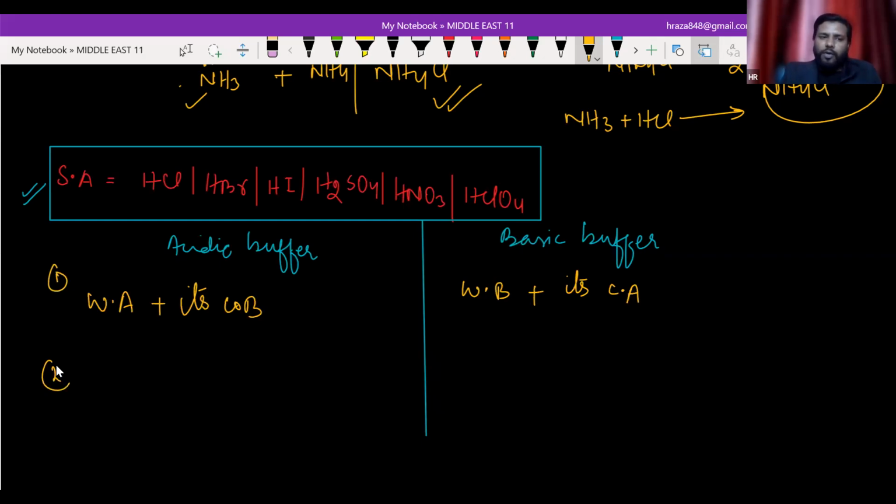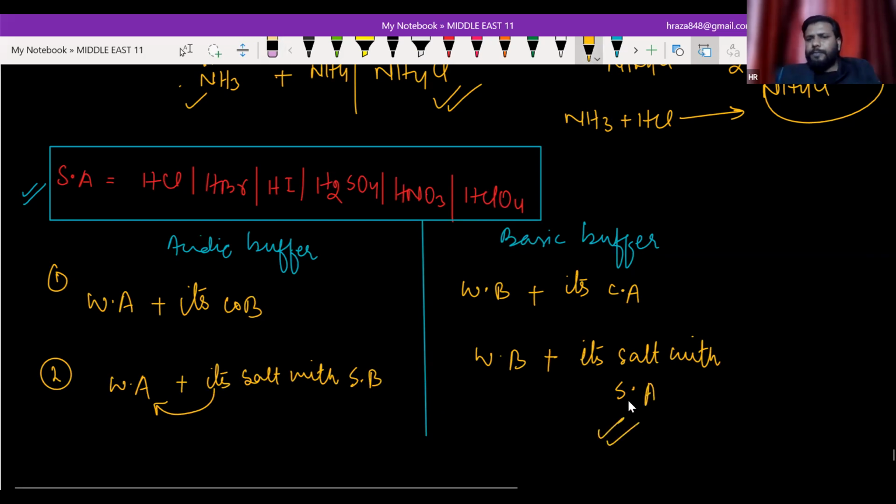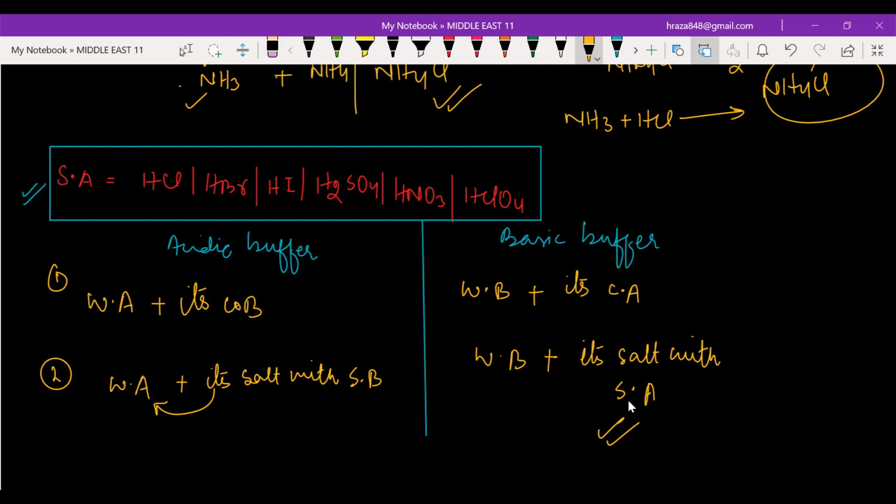Either this condition, or a weak acid plus its salt with a strong base, and for the other, a weak base plus its salt with a strong acid. Is this clear, everyone? Yes, sir.